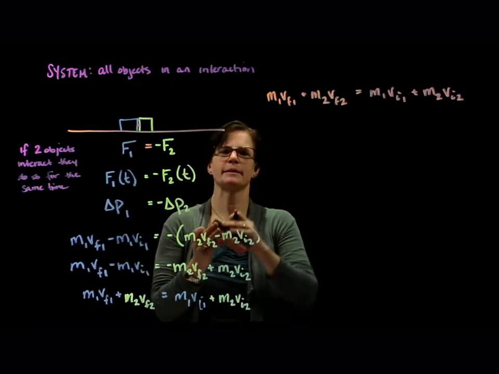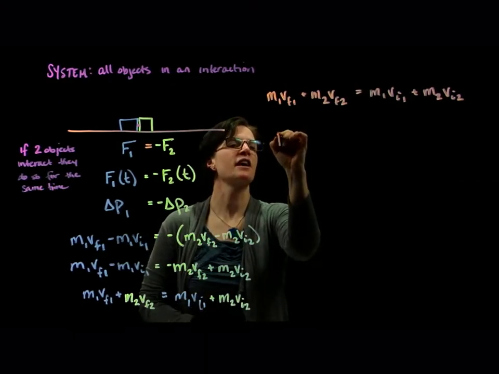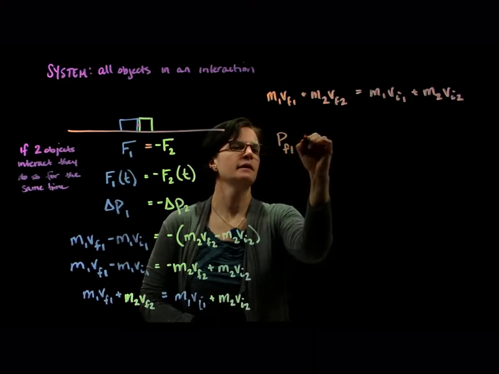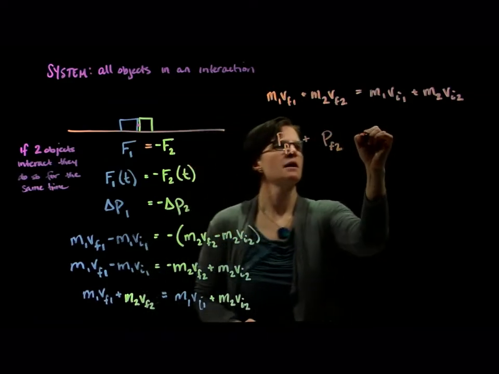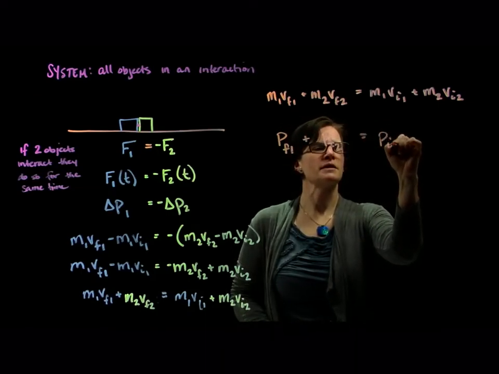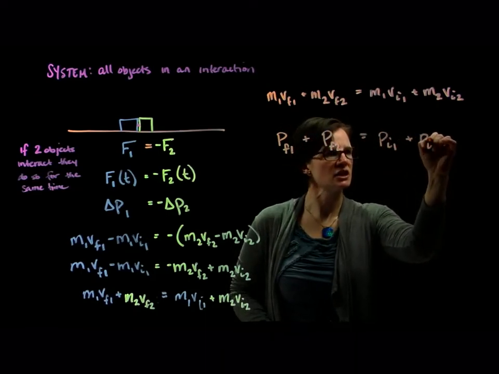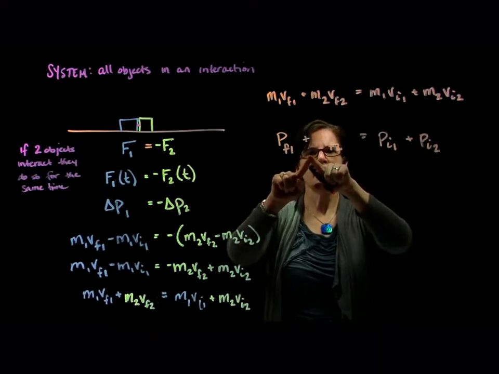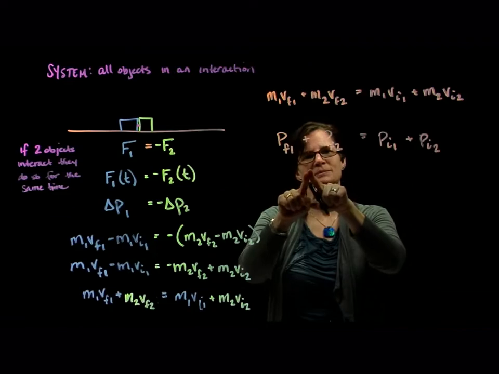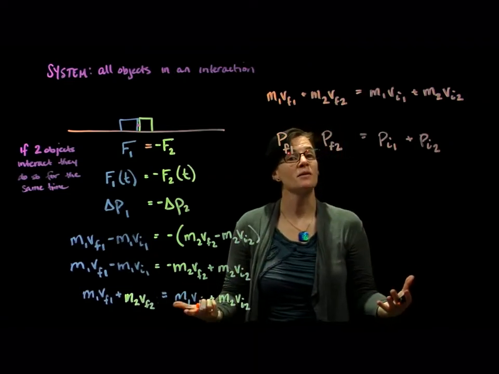Let me start over. This is the final momentum of object 1. This is the final momentum of object 2. This is the initial momentum of object 1, and this is the initial momentum of object 2. The momentum of a system is the sum of its momentums.